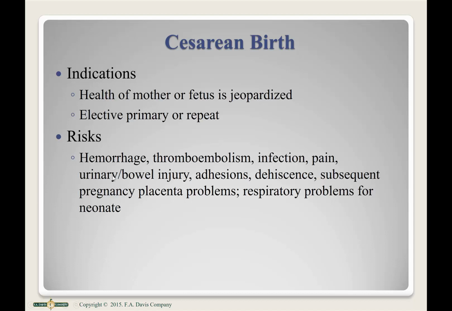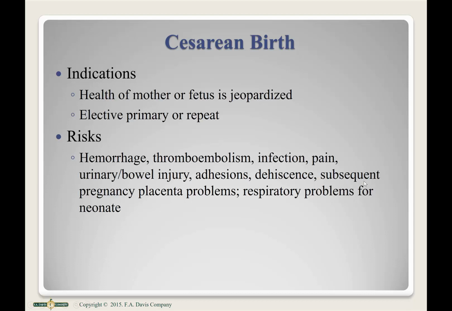Because the cesarean section is taking place near the bowel and the bladder, we can possibly injure the bowel and the bladder. We could cause adhesions, which will, in the future, cause pain for this woman after she recovers from her cesarean section. A dehiscence, an evisceration or dehiscence, is a risk after having a cesarean section.